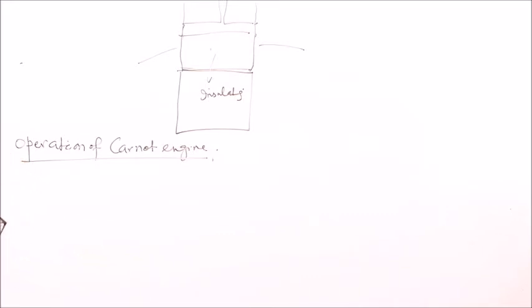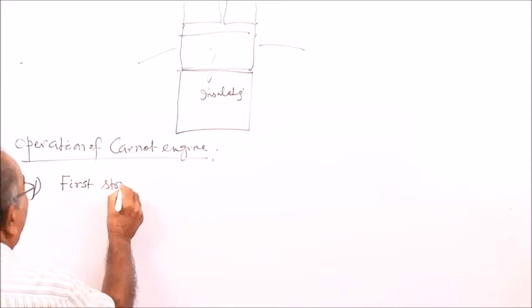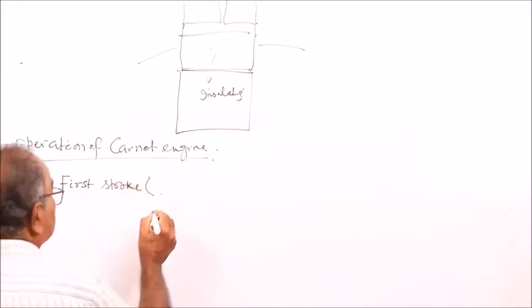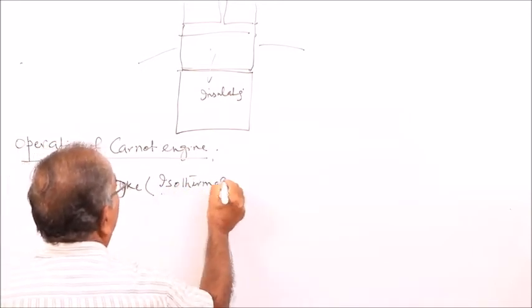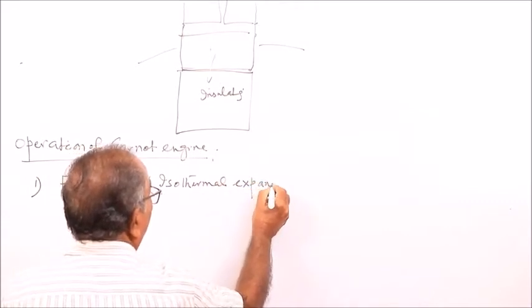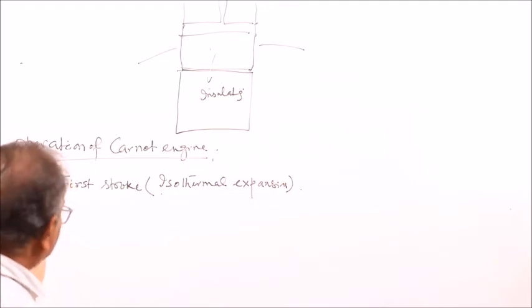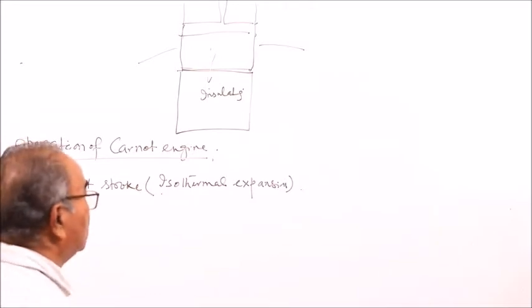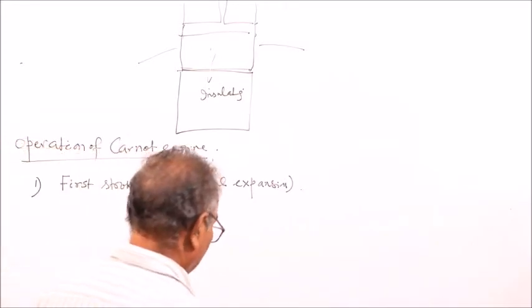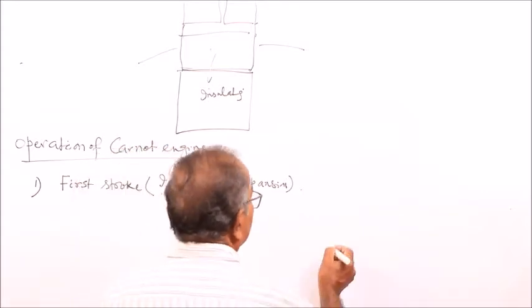First is isothermal expansion, that is called the first stroke of the engine. In this first operation, this cylinder with movable piston and containing ideal gas is placed over the source. This is the source.